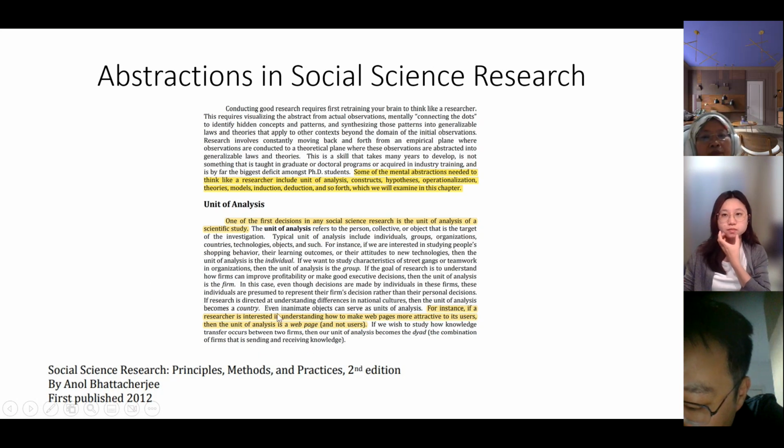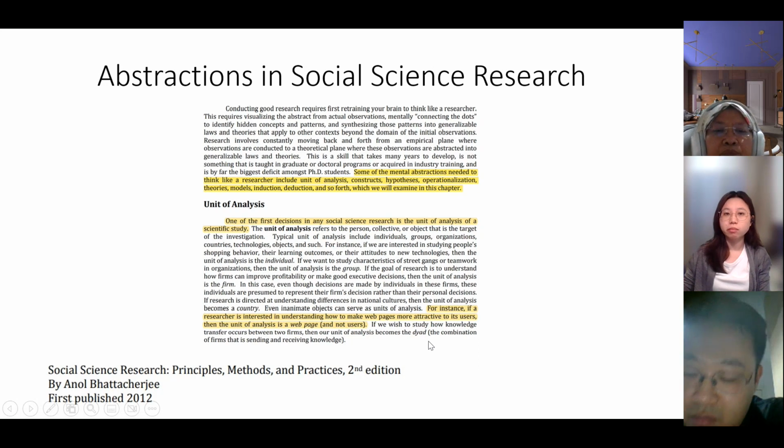So you have to look at websites, how they're presented and what the function is and other things. If we wish to study how knowledge transfer occurs between two firms, then our unit of analysis becomes the dyad, the combination of firms.